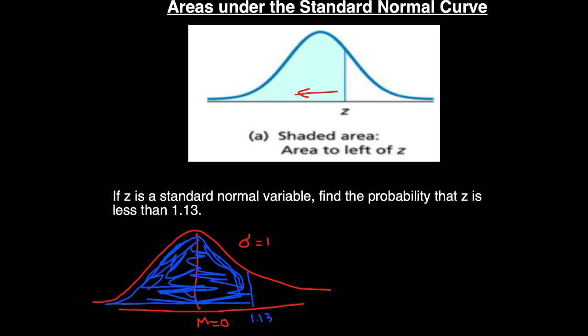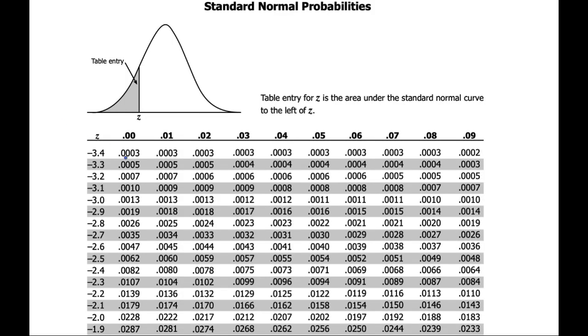How do we find this area? Before we find this area, let me explain the z table. So this is the z table. This graph gives the area from the left hand side. If you go to this table, you see the z value over here. It means this column and this row give the z value.